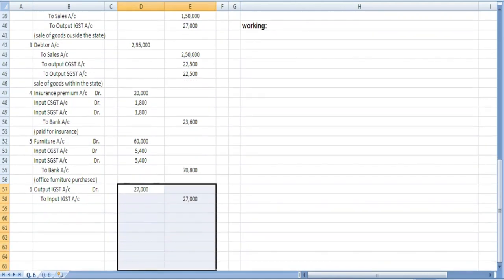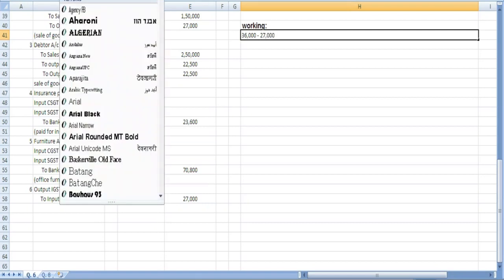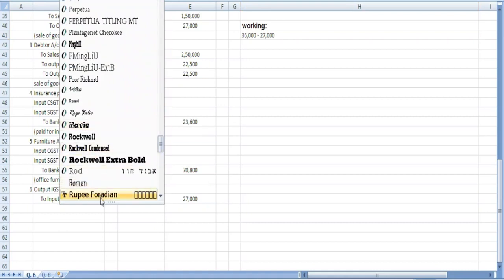Next, what is happening here? We have 36,000 as our input. That means we had paid 36,000 and we have collected rupees 27,000.